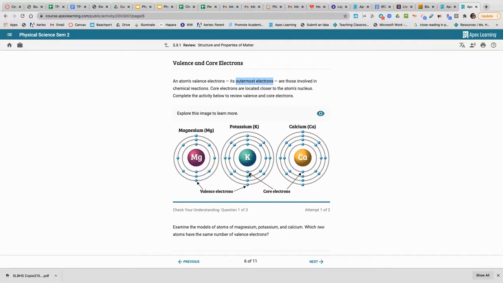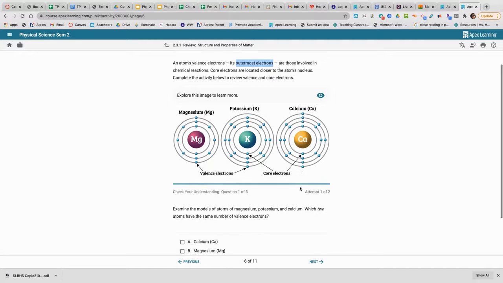And in potassium, the valence electron is in the 4th shell. And in calcium, it's also in the 4th shell. But you'll notice that magnesium has 2 valence electrons, and potassium has 1 valence electron, and calcium has 2 valence electrons.